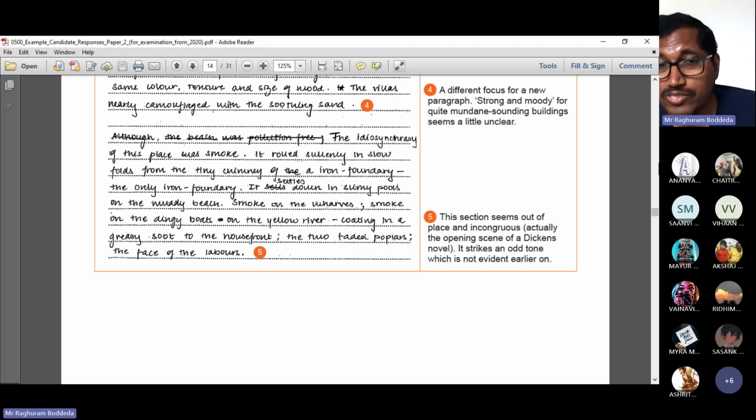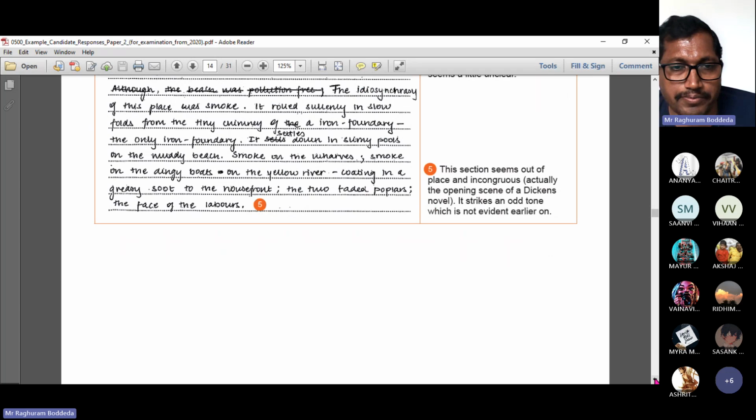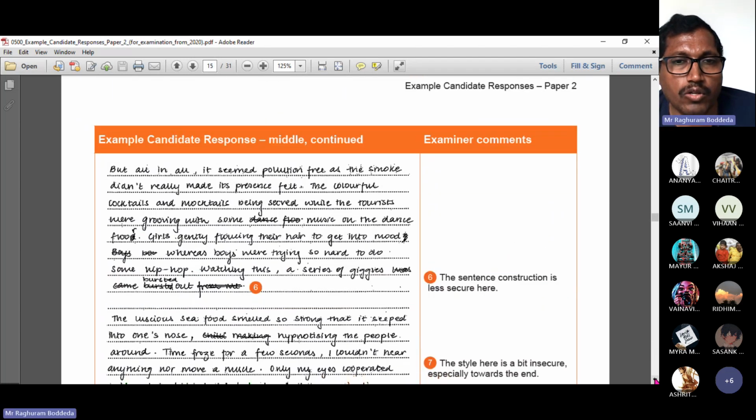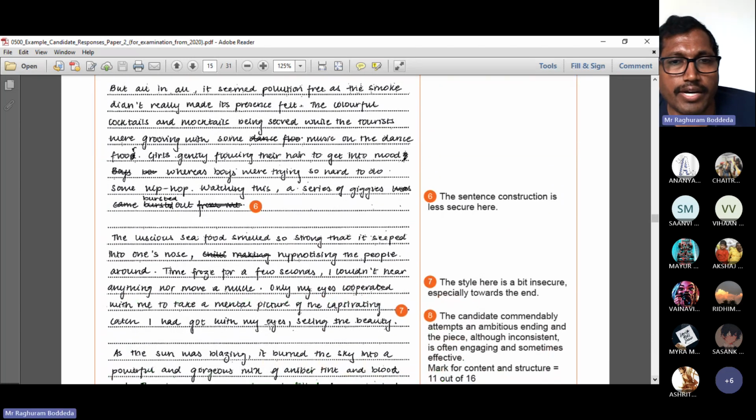So this is a chance of losing marks at this particular paragraph. Okay, so let us see the next paragraph and look at that. This is the paragraph and I will call the person to read now.